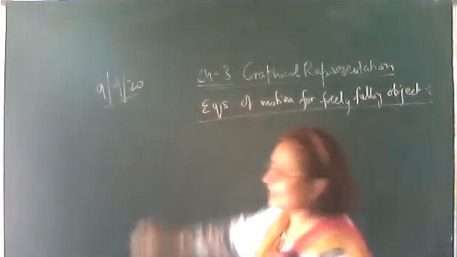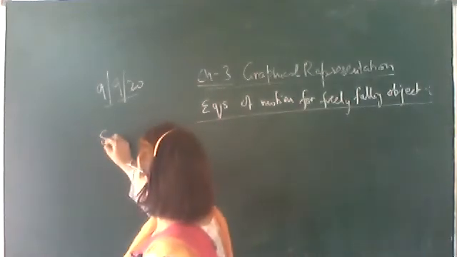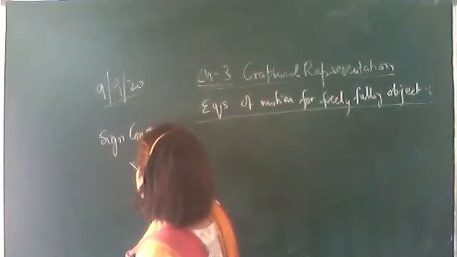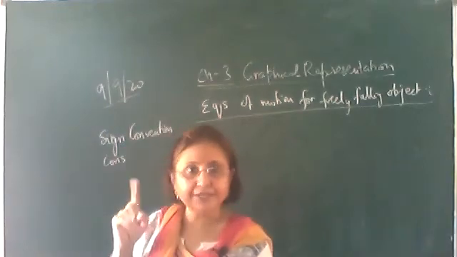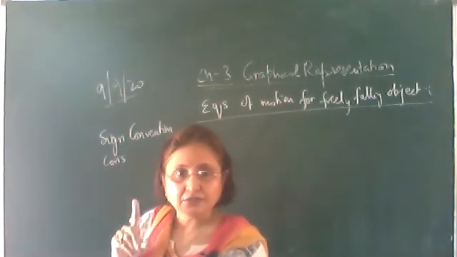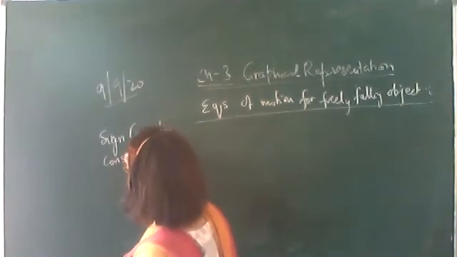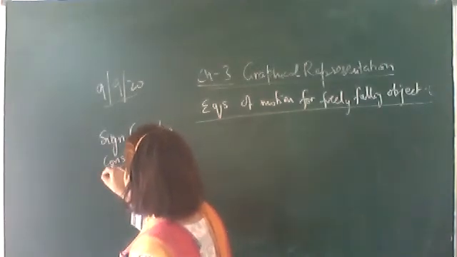Now let us consider the sign convention. What sign convention will we consider? Sign convention considered here is upward direction will be taken as positive, downward direction will be taken as negative.